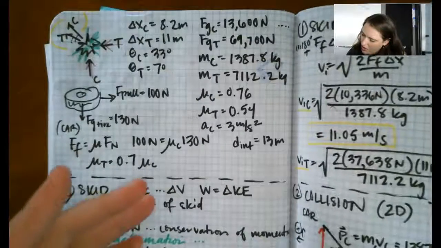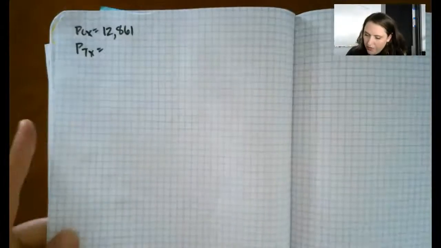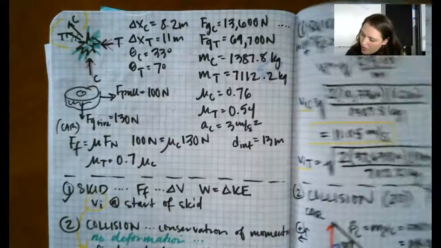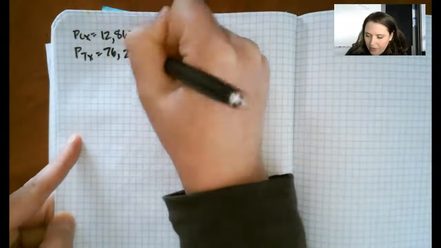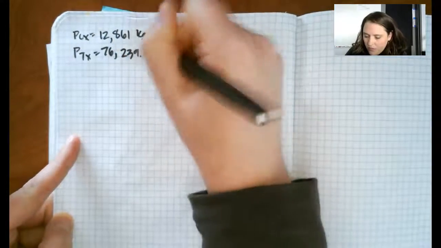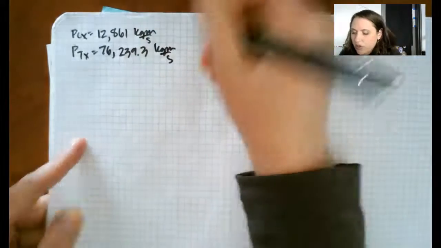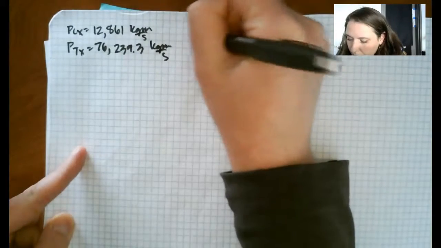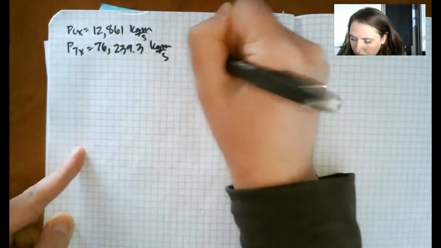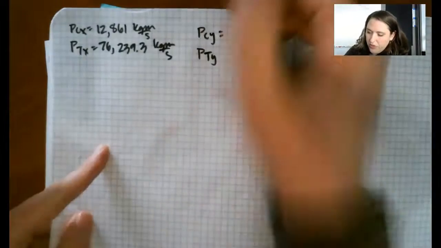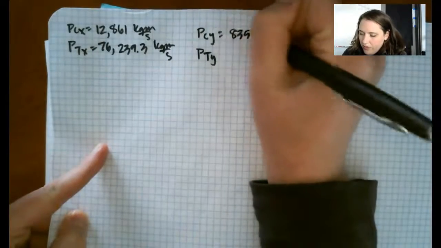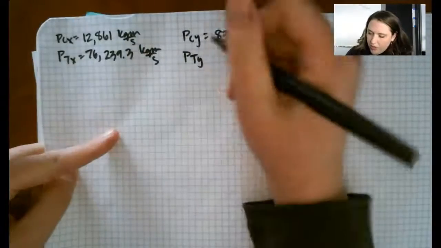For the truck I've got 76,239.3. Now the car in the y direction and the truck in the y direction. The car is 8,352. And the truck is 9,361.